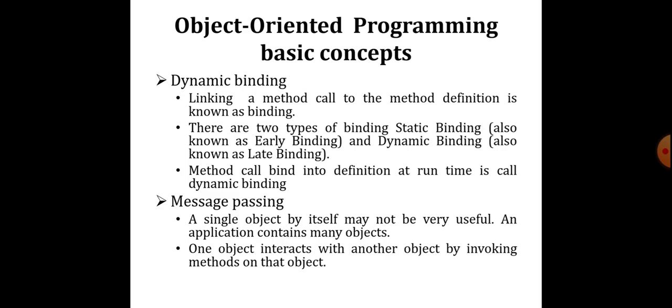Dynamic binding. Binding means linking the method or procedure call to the method definition or procedure definition. There are two types of binding. One is static binding, also called early binding, and the other is dynamic binding, also called late binding.